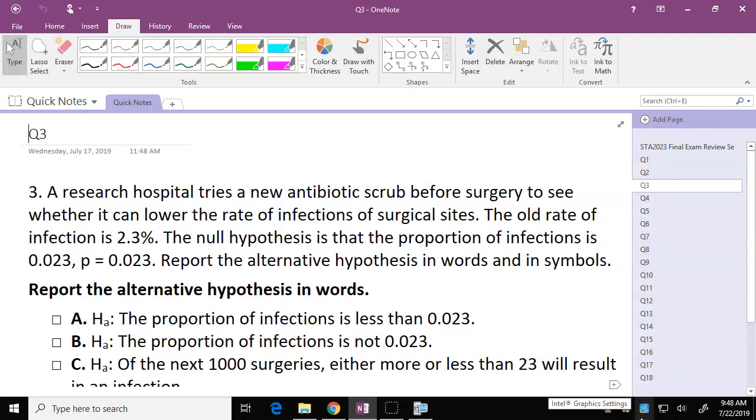All right, so this one is straight from 8.1, talking about your hypotheses. A research hospital tries a new antibiotic scrub before surgery to see whether it can lower the rate of infections of surgical sites. The old rate of infection is 2.3%. The null hypothesis is that the proportion of infections is 0.023. You can see that there, P equals 0.023. Report the alternative hypothesis in symbols.